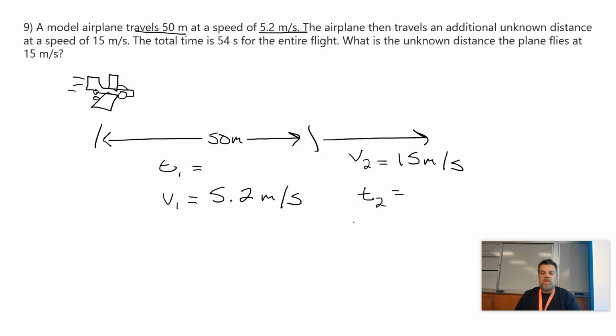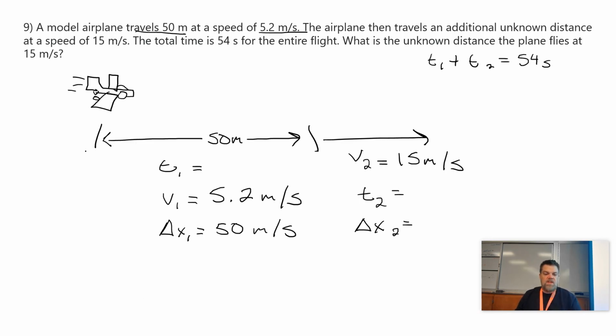And to make matters worse, we don't know the distance, so we'll call this delta x2. But we do know that delta x1 is 50 meters. And we also know that T1 plus T2 equals 54 seconds, right?